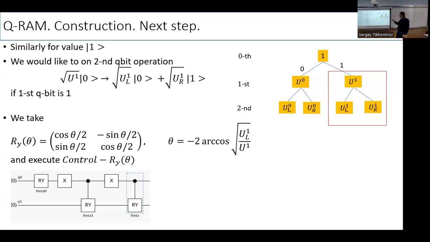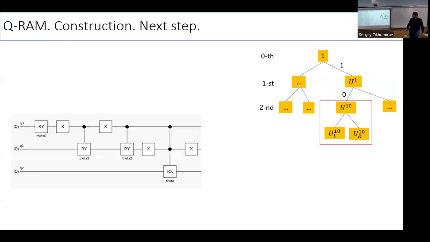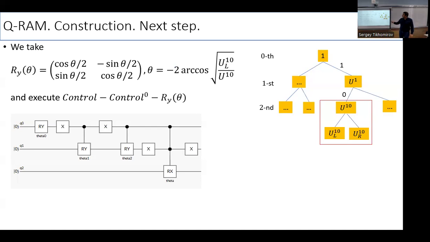So with such a scheme, I constructed the correct probabilities for the first two qubits. After this, I go to the third level. For each block on the second level, I can see its leaves which go below. By a similar formula, where here should be plus, I calculate the rotation angle.